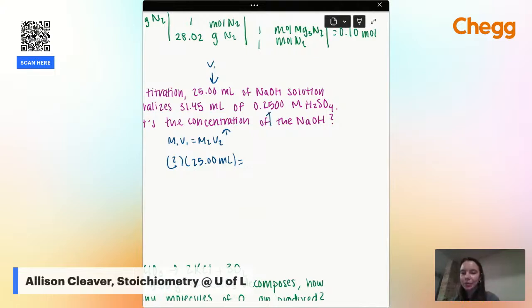Now, for M2, we have this number right here because it's that molarity. So 0.25 M, and then can you find out where that volume would be? That would be right here, right? So 31.45 milliliters, and then we just want to solve for that question mark. You're going to have 30 seconds to solve for the question mark.